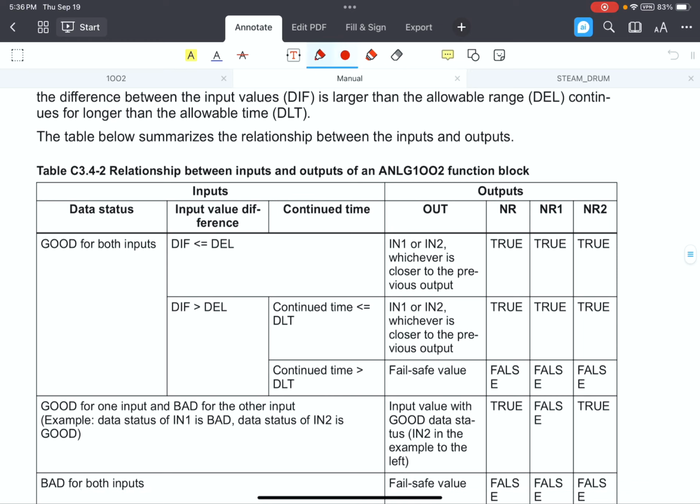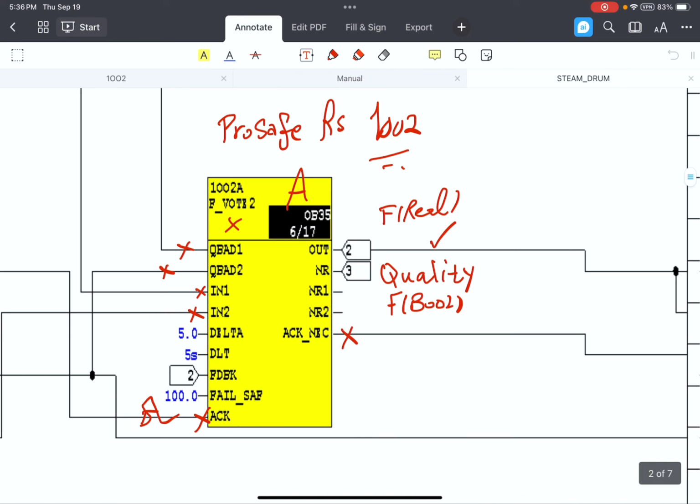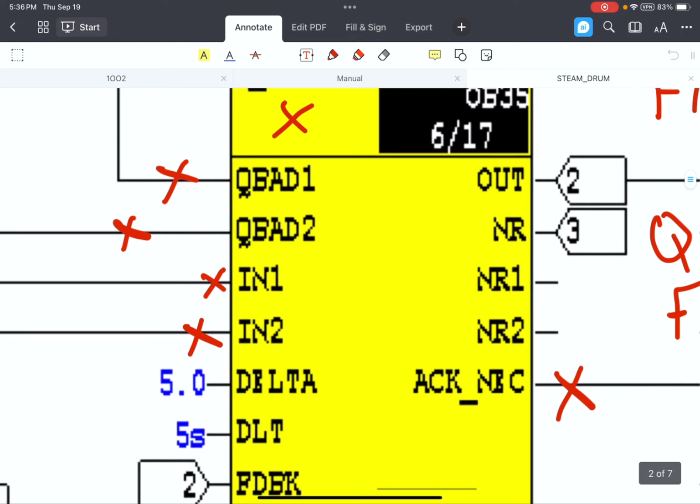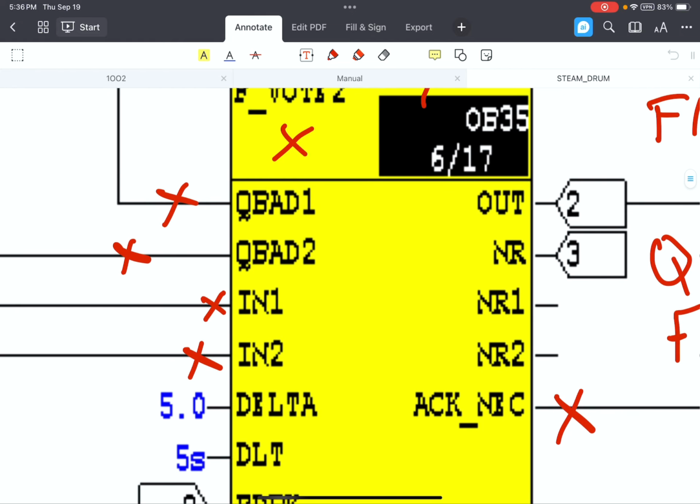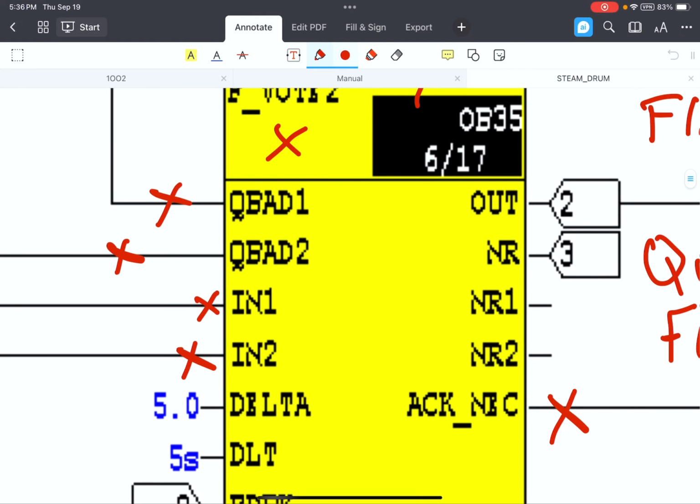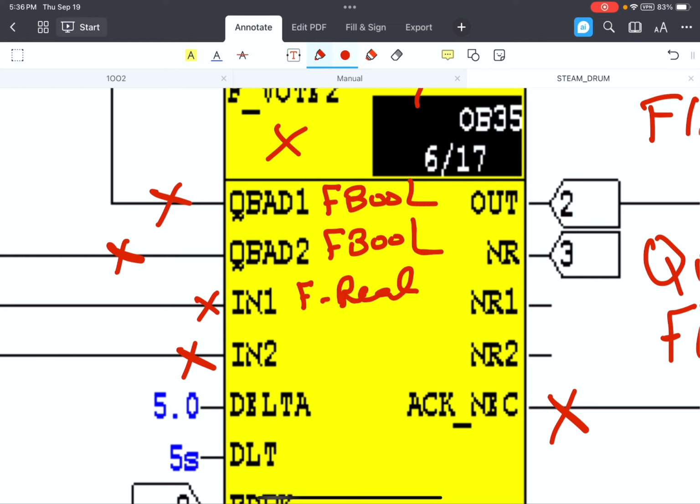In this block, we have two quality signals that are F boolean, failsafe boolean, and two F real as input.